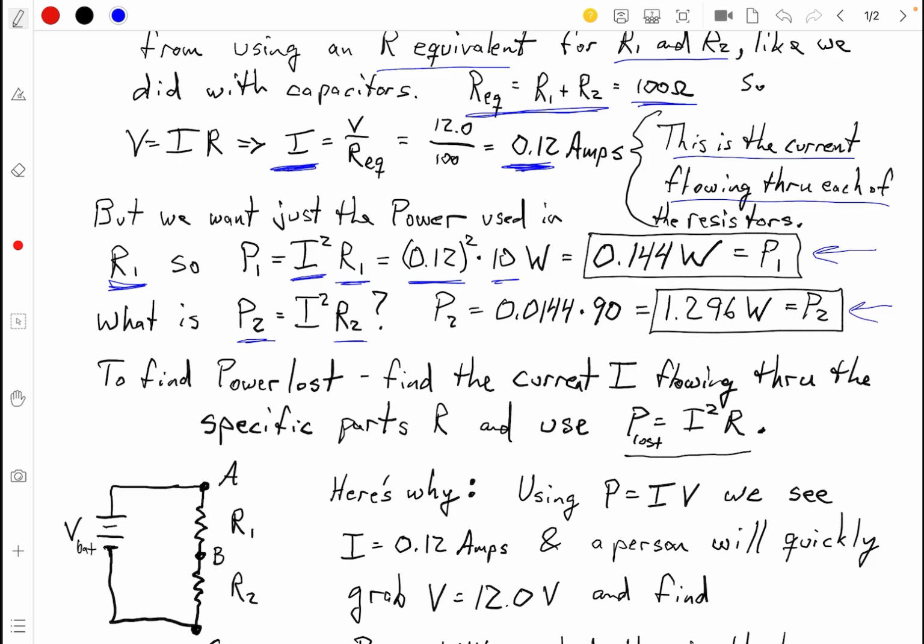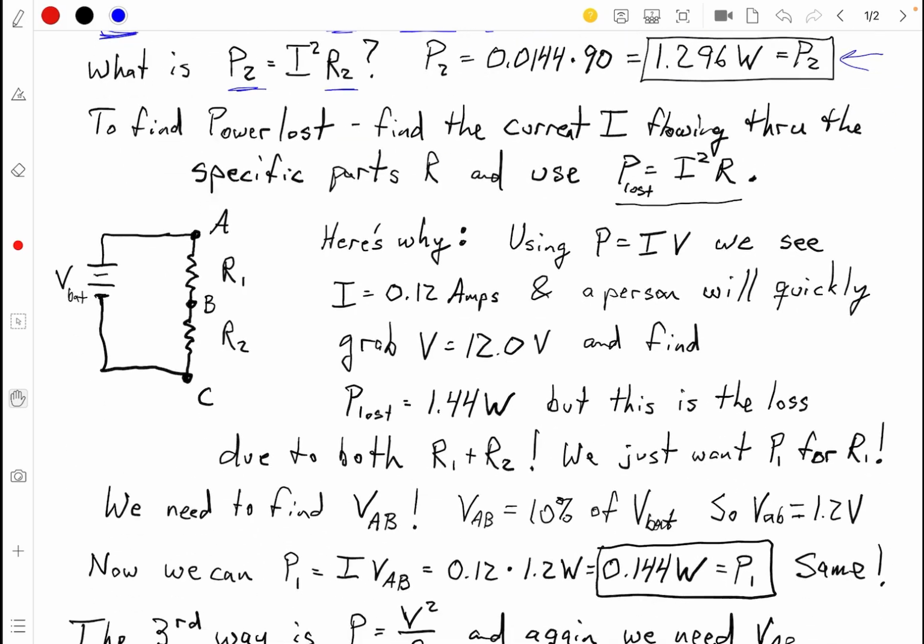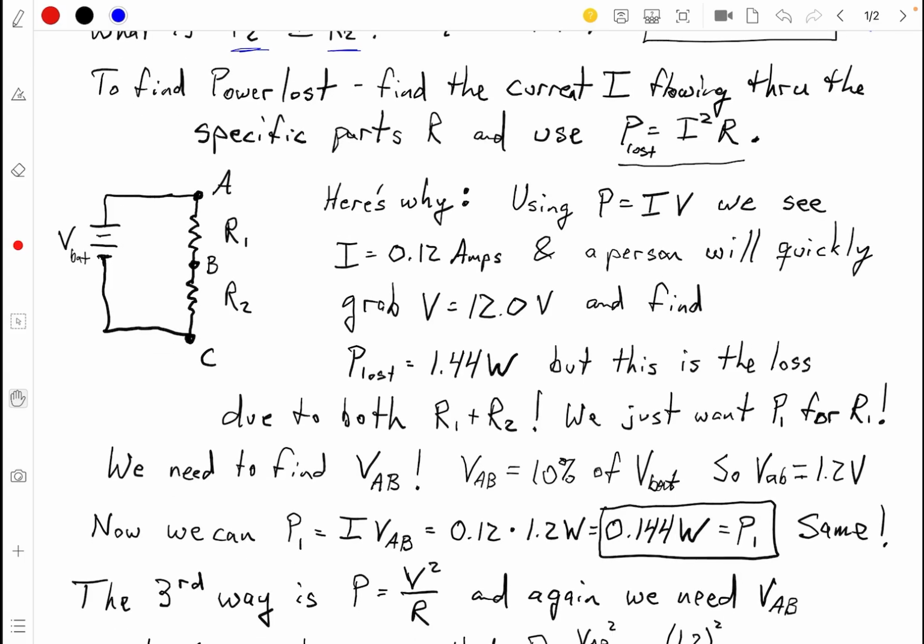So what would have happened had we done the total voltage instead? So here's why all this works. But before we go, I want to say that this is the right way to get your power lost.